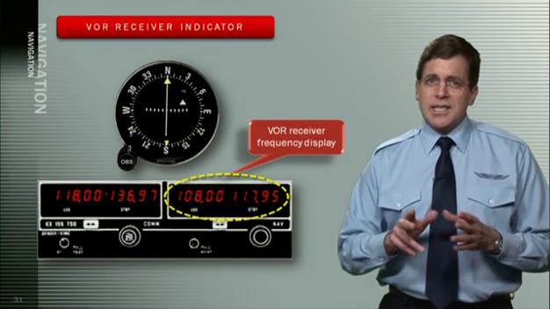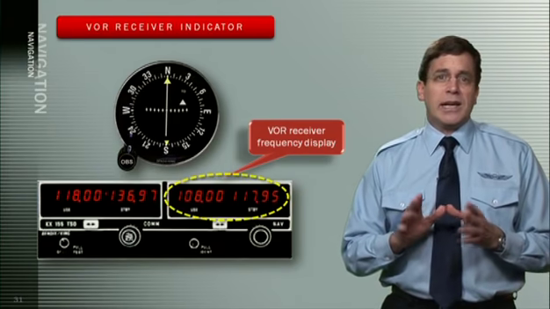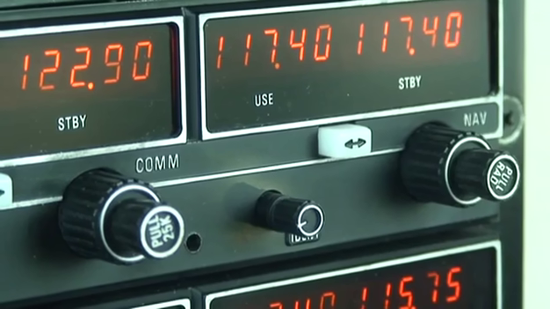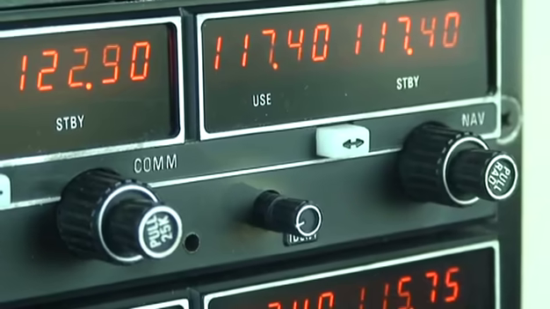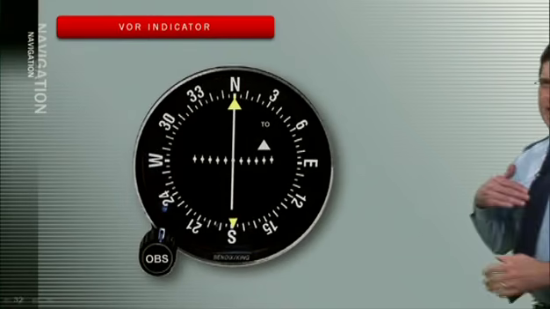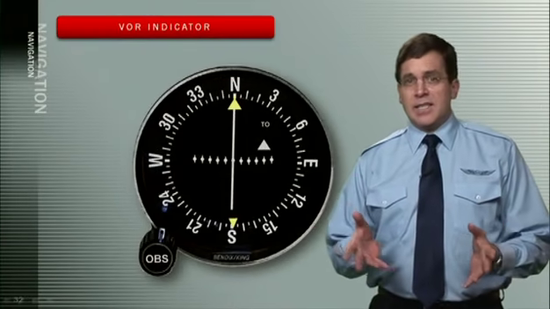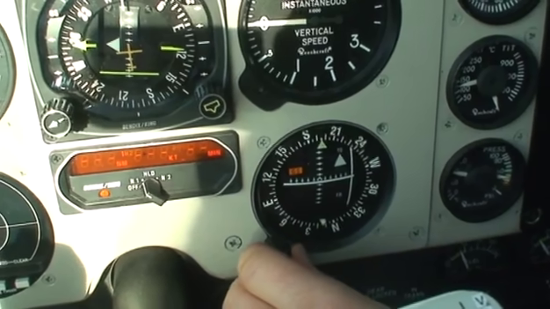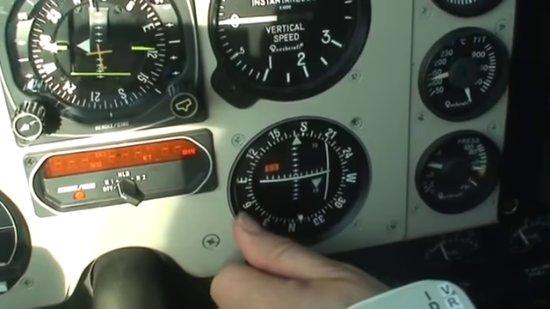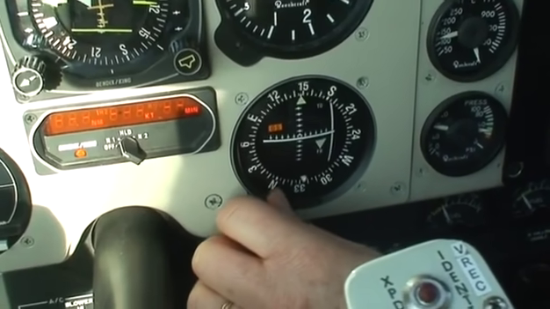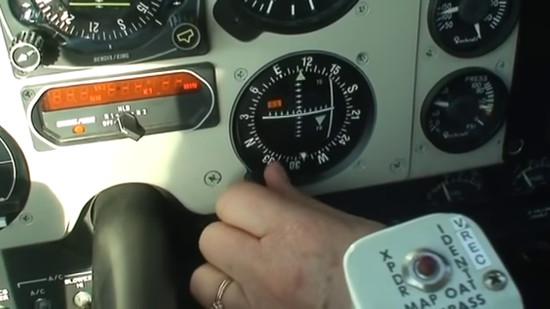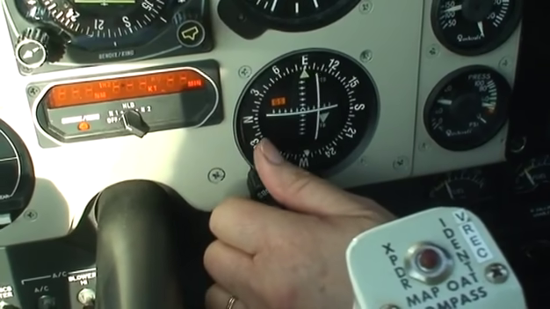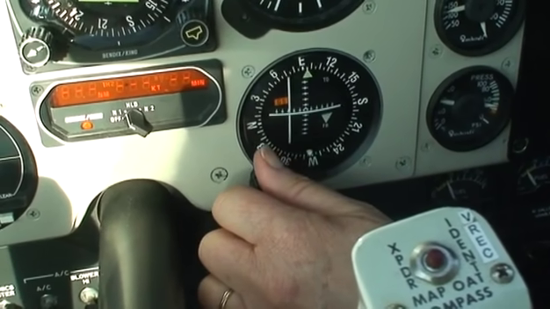However, you should listen to the station identifier before relying on the instrument for navigation. VOR indicator instruments have at least the essential components shown in this instrument. The desired course is selected by turning the omni-bearing selector, or OBS knob, until the course is aligned with the course index mark or displayed in the course window.